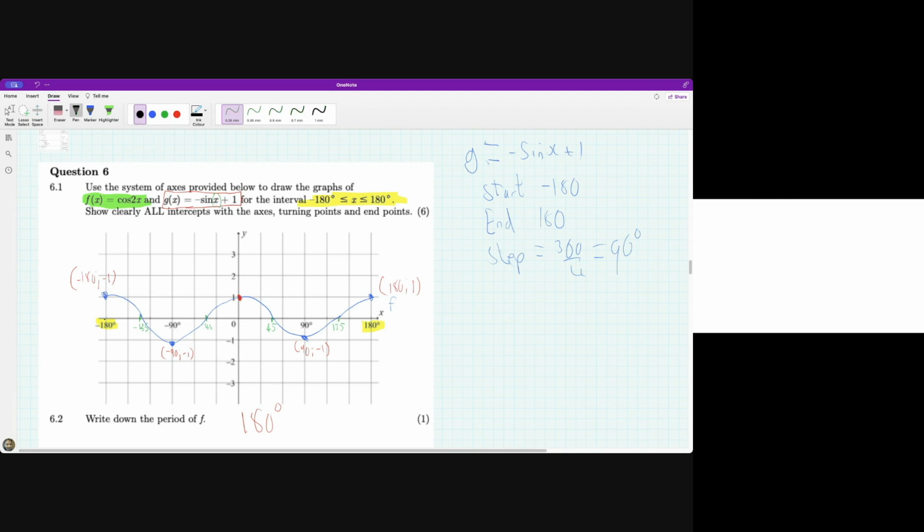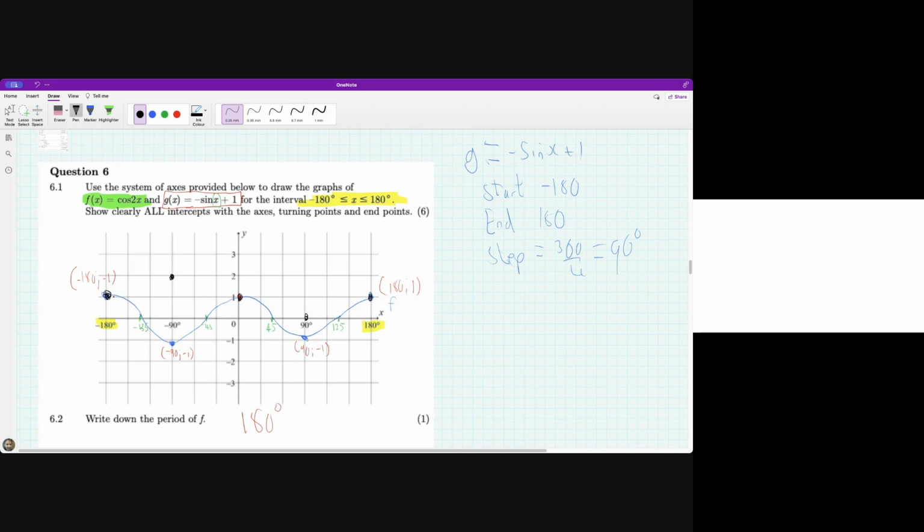So minus 180, minus 1 is there. Minus 92 is here. Then it's 0, 1, which is there. Then it's 90, 0, which is there. And then it's 180, 1, which is there.